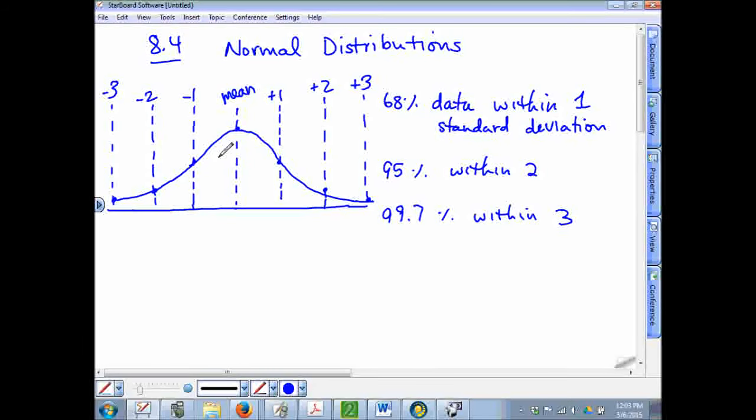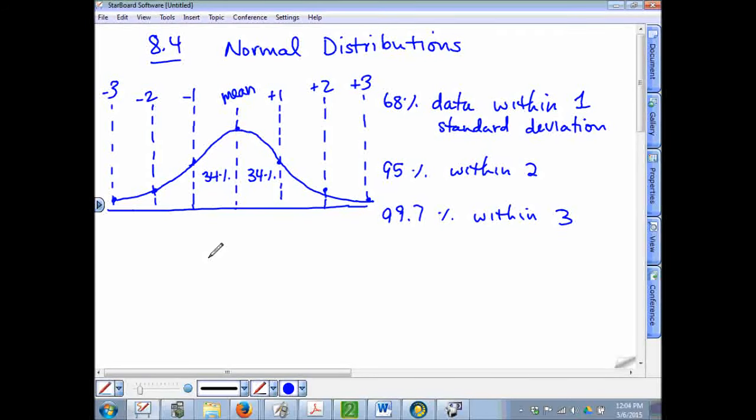68% of data is within one standard deviation. I told you guys that, hopefully you remember it. But within one standard deviation can be +1 or it could be -1. Okay? So I'm going to put a 34% right here, and I'm going to put a 34% right here. What does that mean? Why am I putting a 34 there? Am I just making up numbers? So that's 68% in the first deviation.